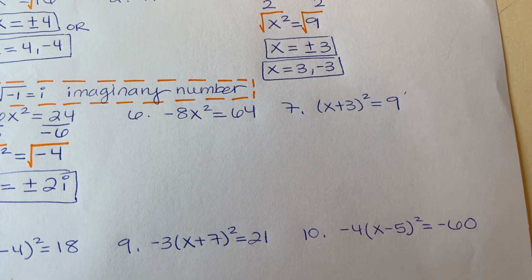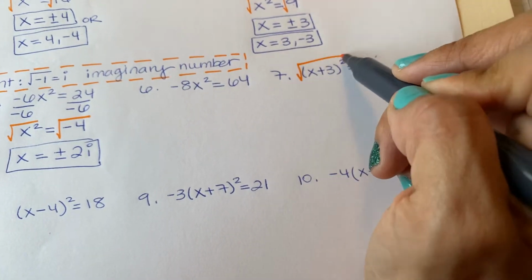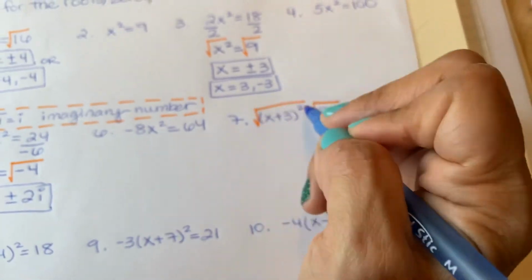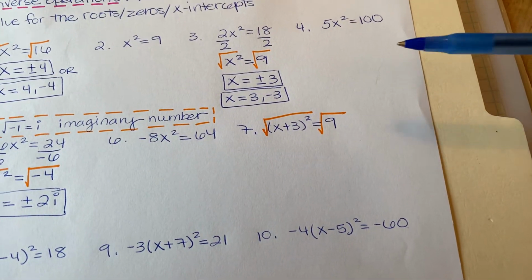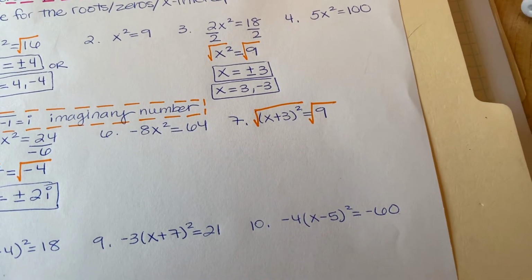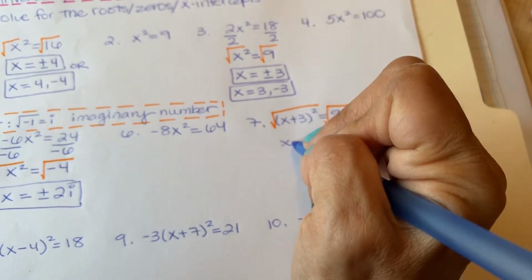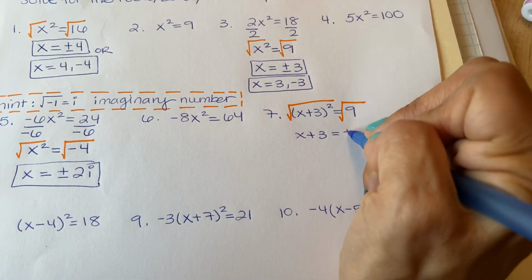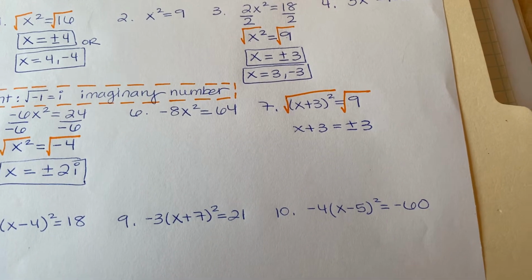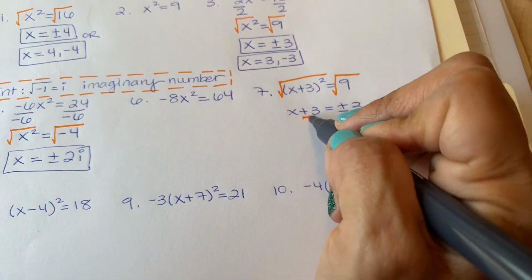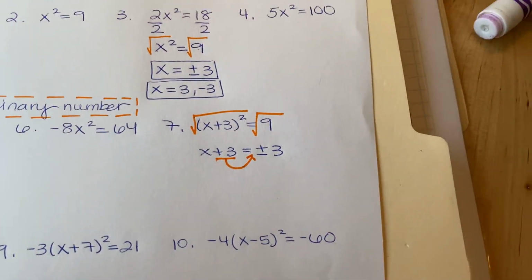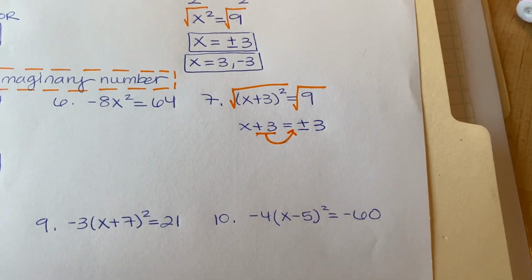Let's go to 7. Square roots. Square rooting and squaring are the inverse operations to each other. So our radicand, which is x plus 3, comes out and it's plus or minus 3. Now this needs to be taken over because we need to isolate our x.